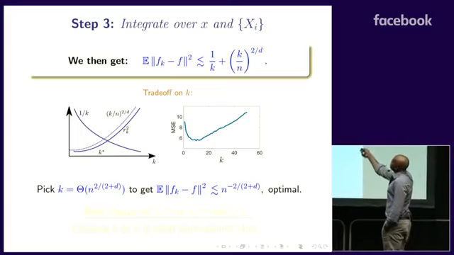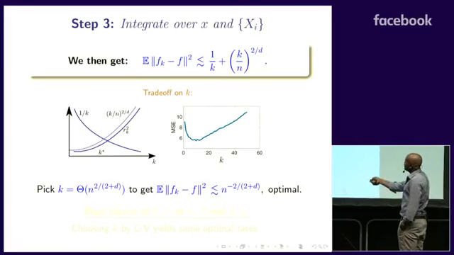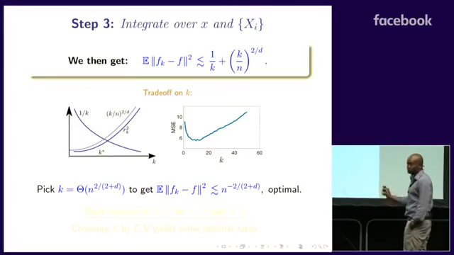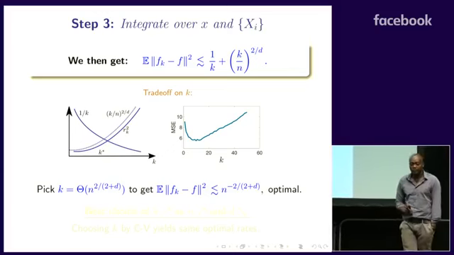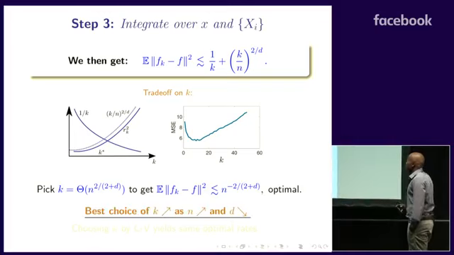So we can optimize this bound to get the right form of k. If we optimize this bound, we get that k needs to behave like n to the 2 over (2 plus d), and then we get this rate. And this rate is known to be optimal. All right.